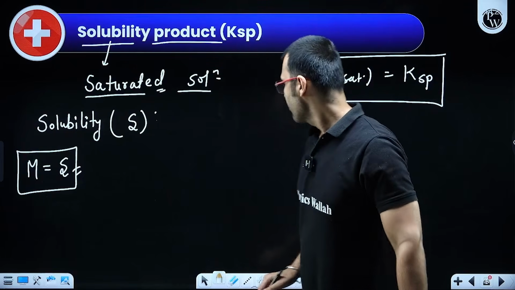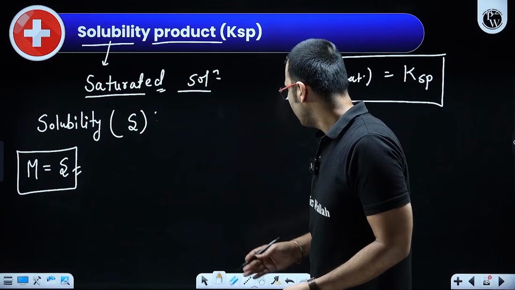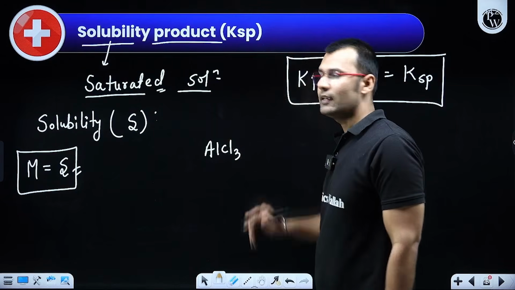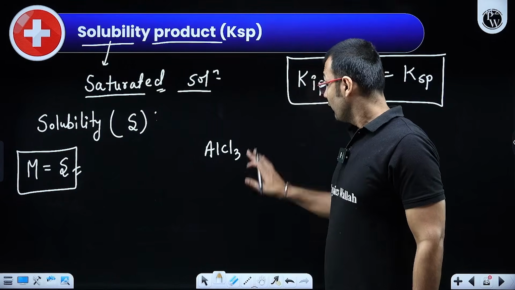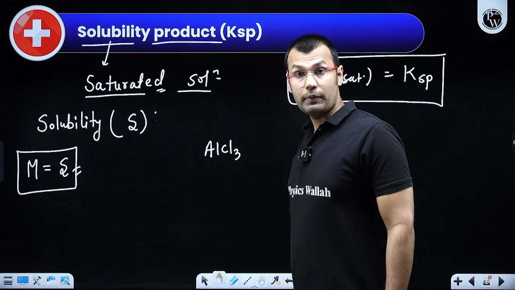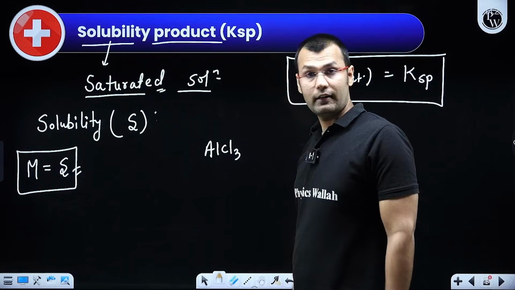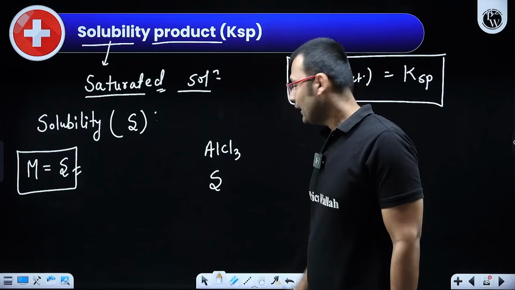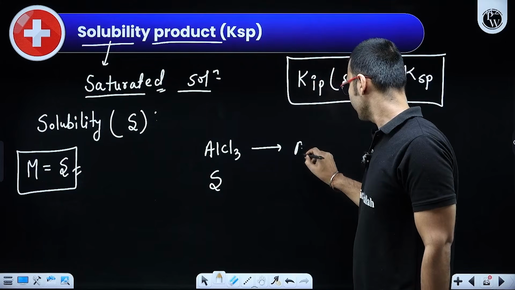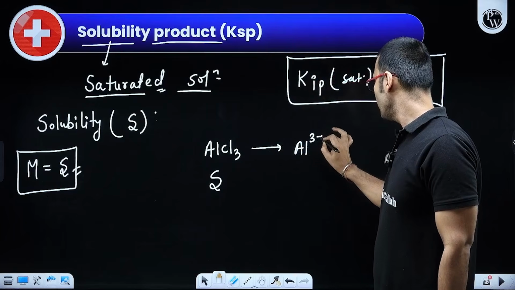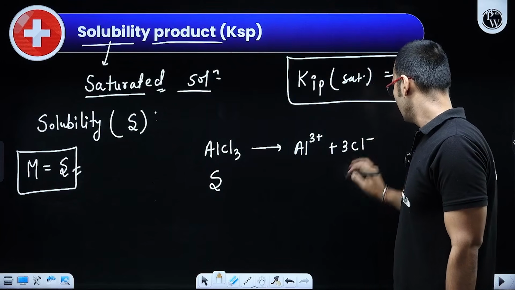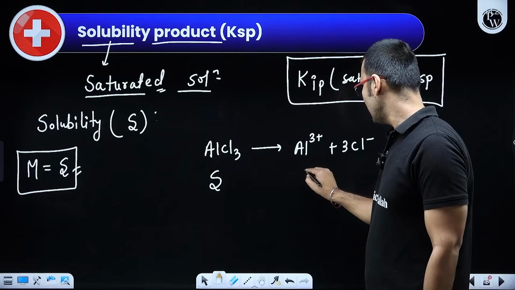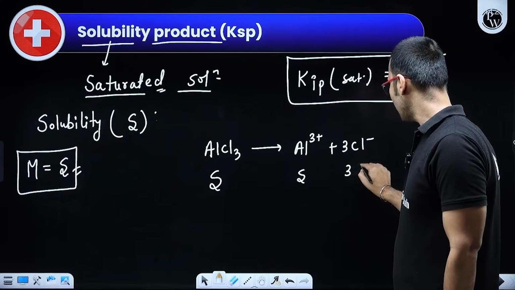Now, if I take a random example, let's take AlCl3, and let's say I have to find the KSP. For AlCl3, I will assume that it is saturated, and if it is saturated, its concentration will be equal to solubility, S. If S of AlCl3 ionizes, one AlCl3 gives Al3+ and 3Cl-, so it gives S of Al3+ and 3S of chloride.